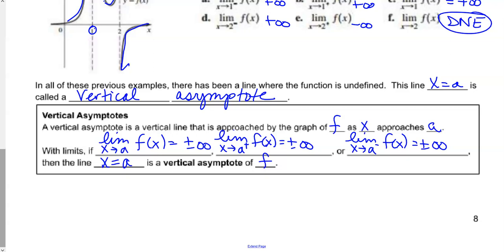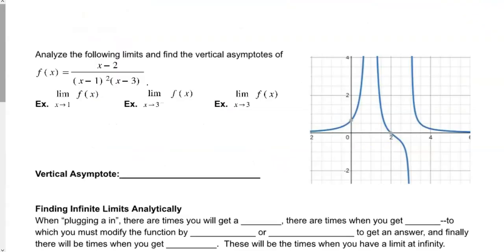So anytime you get those plus or minus infinity limits, then you end up having a vertical asymptote at a. Okay?